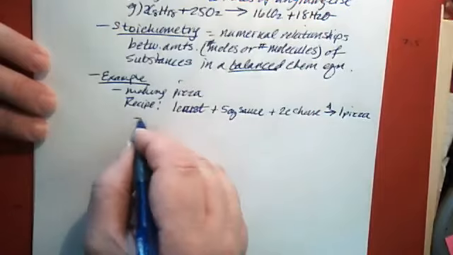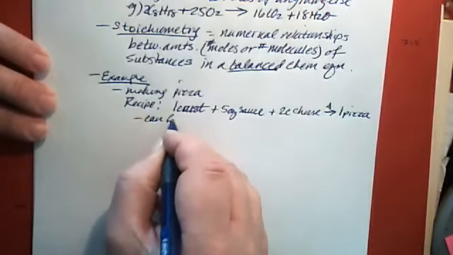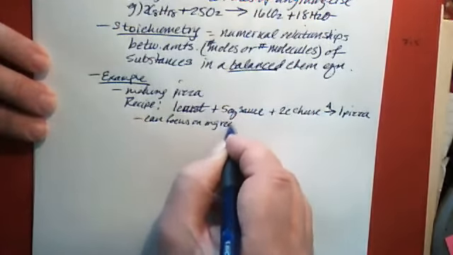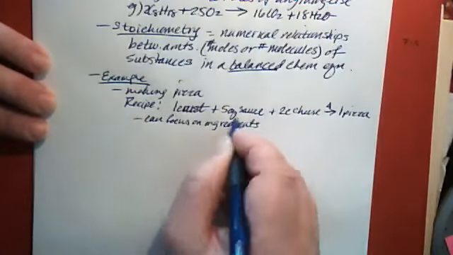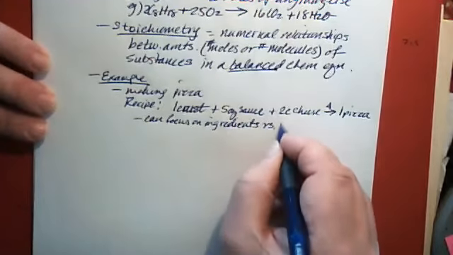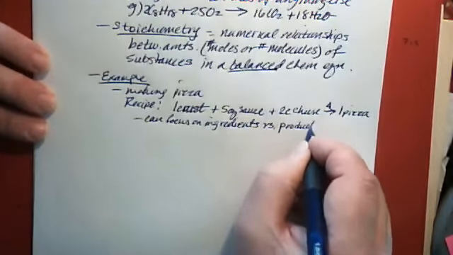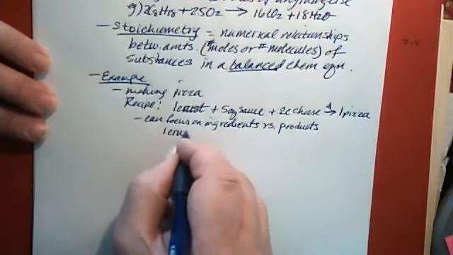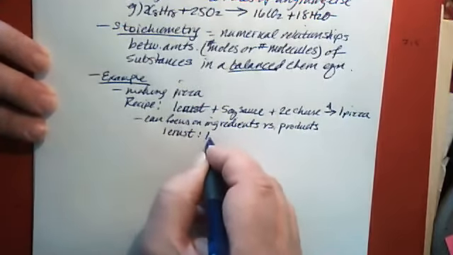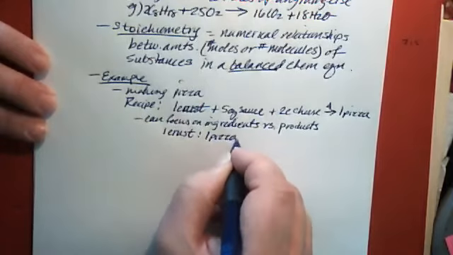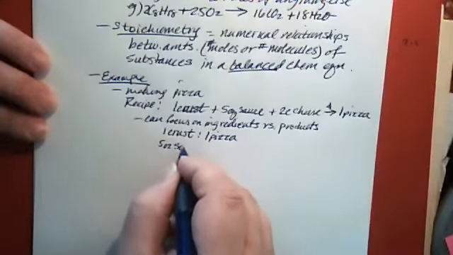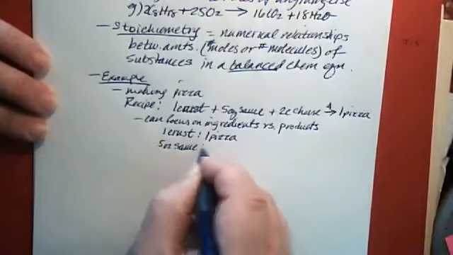Okay, so you can focus on ingredients versus products, where we have 1 crust for every 1 pizza. And we have 5 ounces of sauce for every 1 pizza.